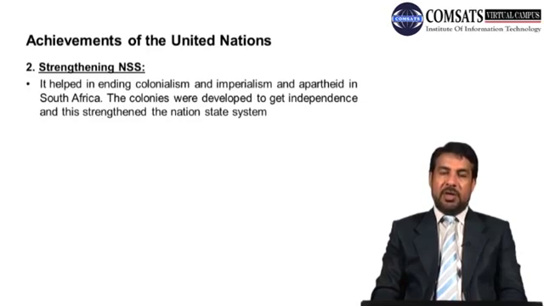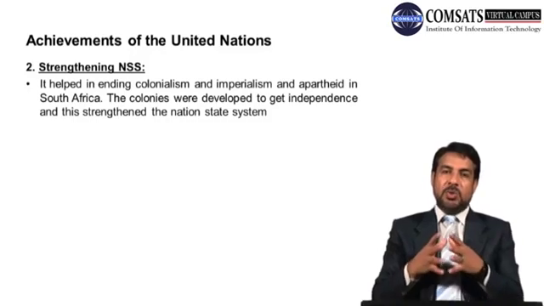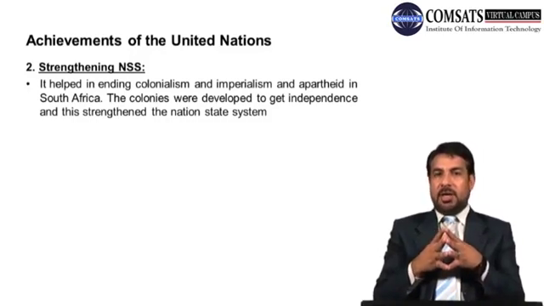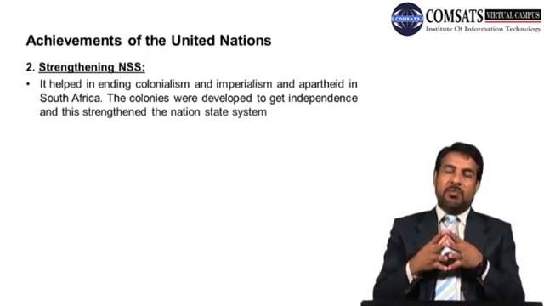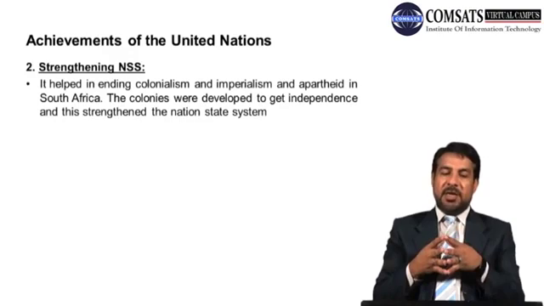The colonies were developed to get independence and this strengthened the nation-state system. तो एक तो ये है कि जो दुनिया में अमन है वो उसने कायम रखा हुआ है. जितने भी स्टेट्स हैं, जितने भी कंट्रीज हैं, और जो वर्ल्ड वॉर 2 के बाद डिफरेंट कंट्रीज in Asia and Africa, so they got independence, so their independence is maintained through the efforts of UN, because there is no disputes, there are no problems between the states.